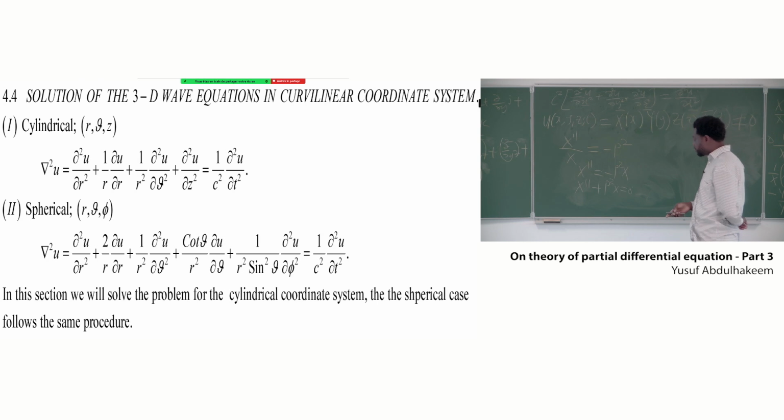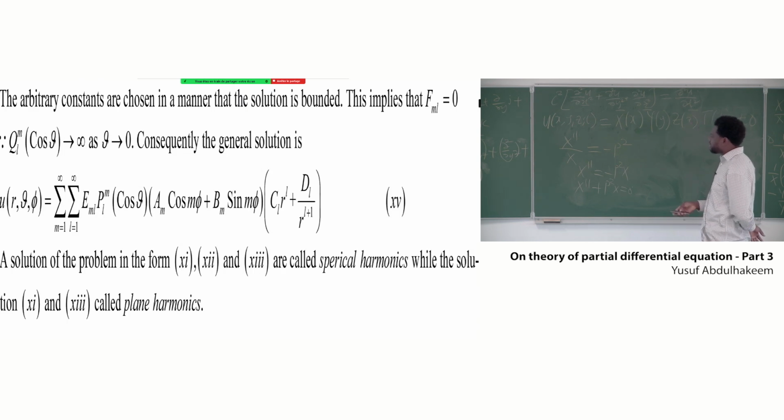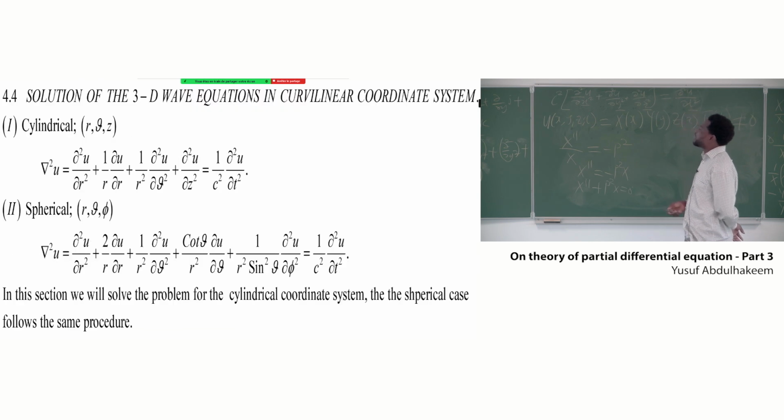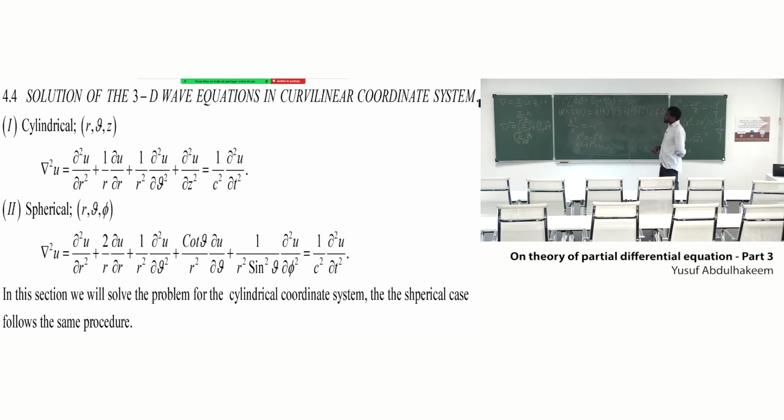Just before we move forward, we can follow the same process that we have followed in this place to solve for the cylindrical of this problem. So let us look at the 3D wave equation in curvilinear coordinate system. Here we have the cylindrical form, and then we have the spherical form.